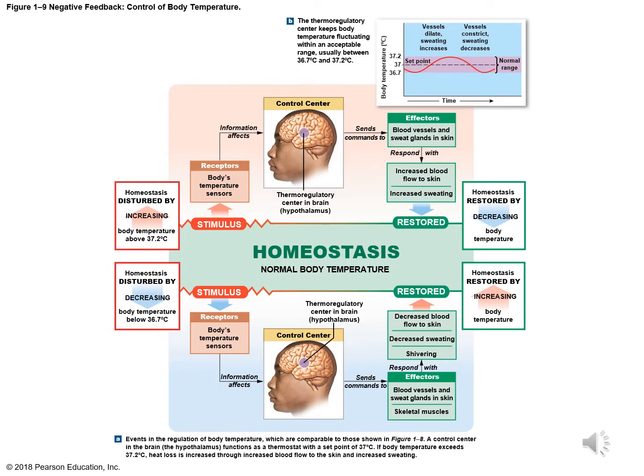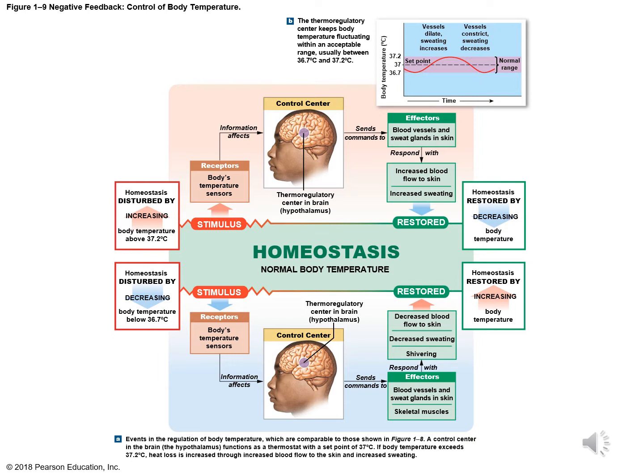Your body temperature will be maintained with homeostasis. An increase in body temperature will be a stimulus. So something will happen. Receptors, such as thermoreceptors, will detect the increasing body temperature, and they'll send that information to your control center, which is the hypothalamus of the brain. It's a small part of the brain which will analyze the temperature increase, and then it will determine what the body should do for that response.